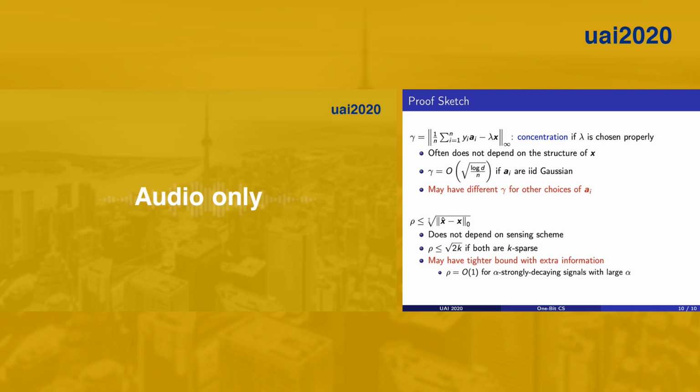Okay, and for the quantity rho, we know that there is a very general upper bound for it. Rho is upper bounded by root of the sparsity of x hat minus x. And this one does not depend on the sensing scheme, it just depends on the structure of the signal. And in our case, both signals are k-sparse. So rho is bounded by root of 2 times k.